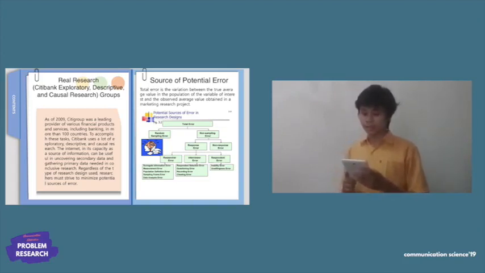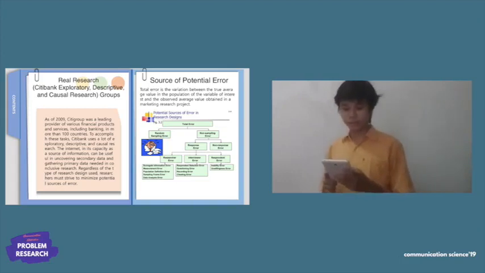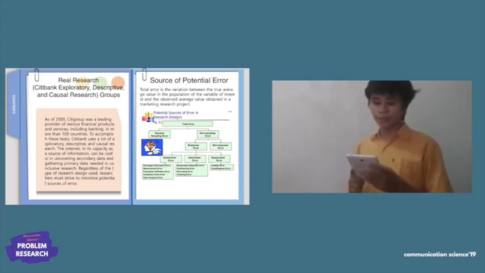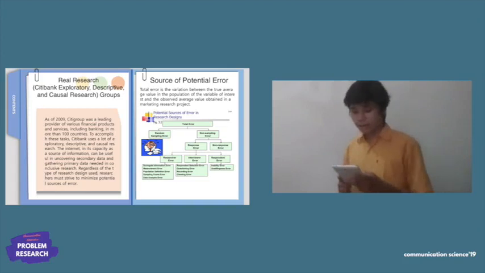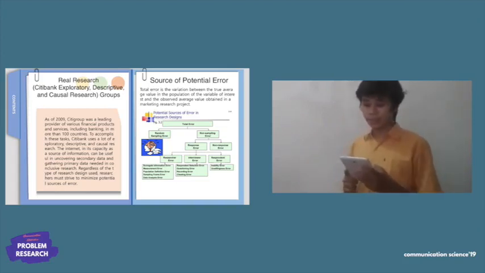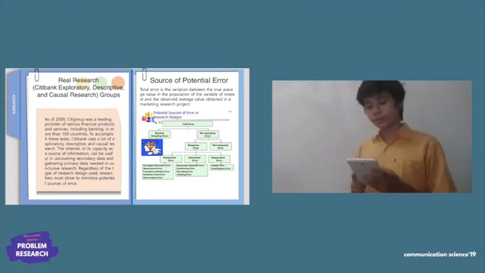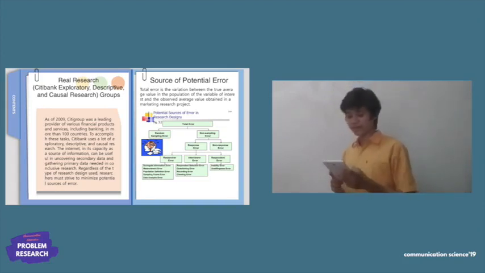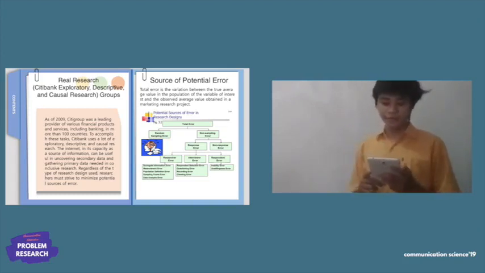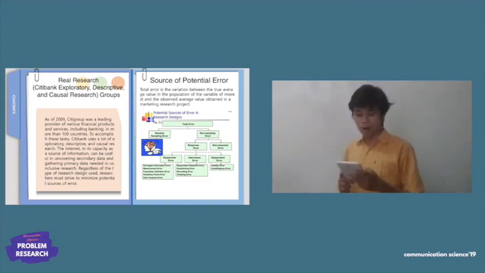Non-sampling error includes errors in problem definition, approach, scale, questionnaire design, interview methods, and data preparation and analysis. Non-response error is defined as the variation between the true mean values of the variables in the original sample and the true mean values in the net sample.